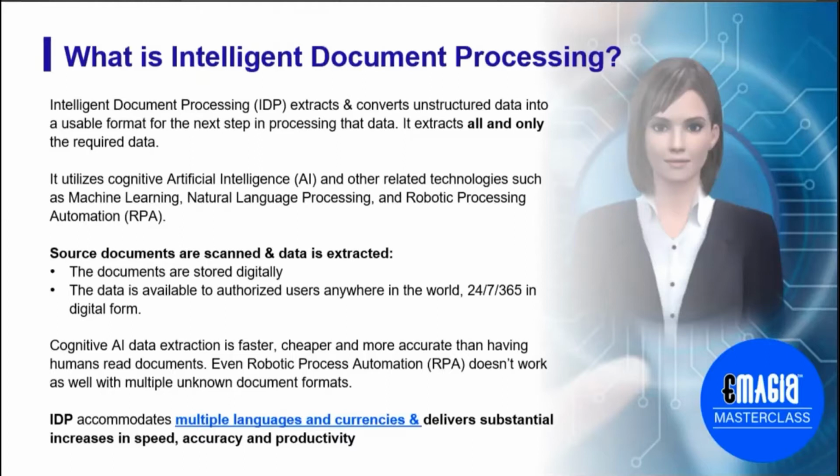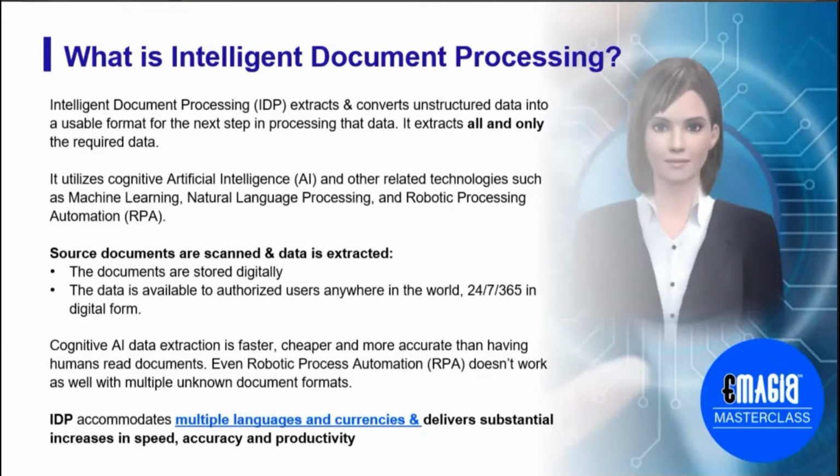And at the end of the day, IDP, which uses cognitive artificial intelligence data extraction, is better than having human beings do it. It's faster, cheaper, and minimizes human error, eliminates human error, and goes far beyond what RPA can do in its ability to work effectively with unknown document formats.